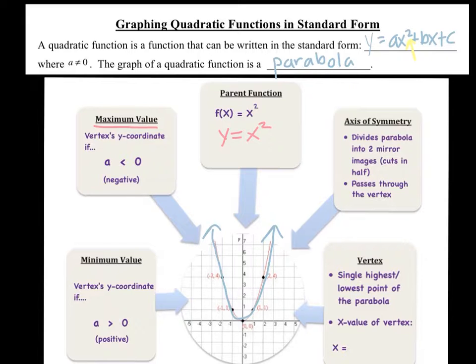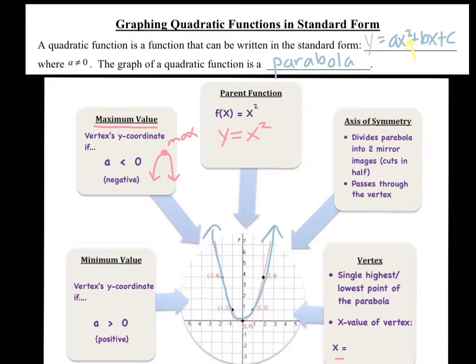It's maxed out, if you will. So the vertex y coordinate is going to be a max if a is less than 0. If your a value is negative, your parabola is going to face down, and that point right up there at the top is going to be your max.